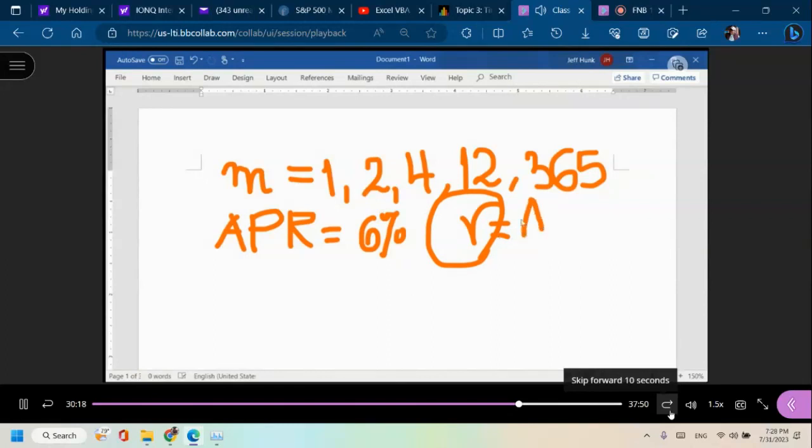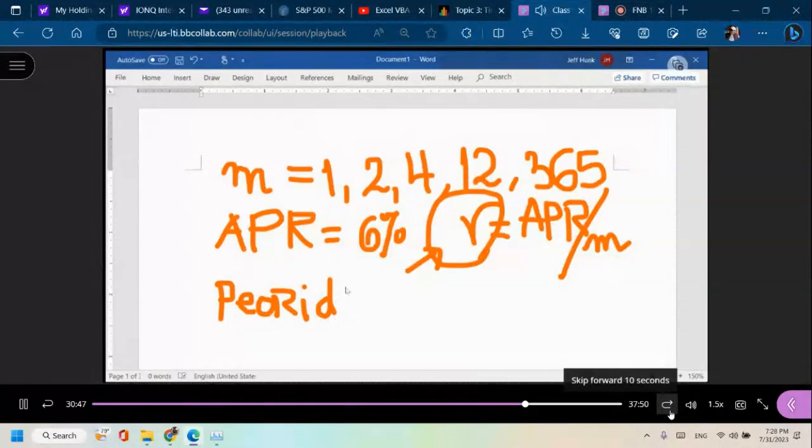We know it is APR divided by M. So M is the compounding frequency, and R is called the periodic rate.